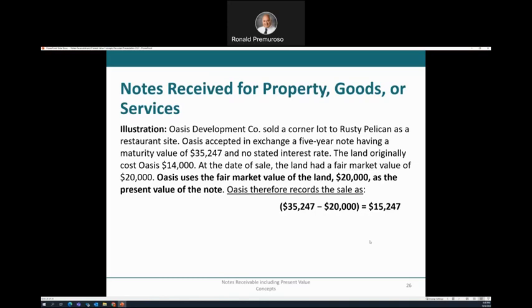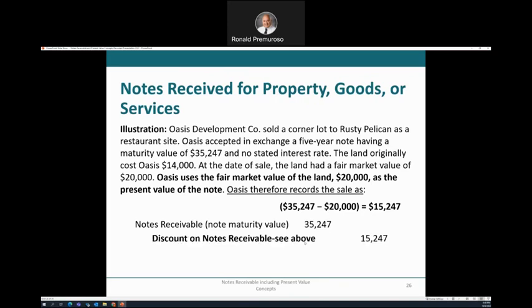The difference between the $35,247 maturity value of the note and the $20,000 fair market value of the land is what? The discount on notes receivable. So Oasis would record the sale of this land and the receipt of the note as follows. Debit notes receivable, $35,247. Credit discount on notes receivable, $15,247.